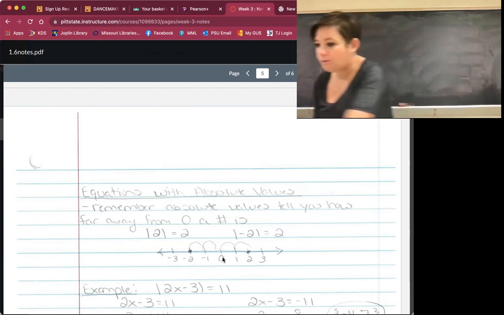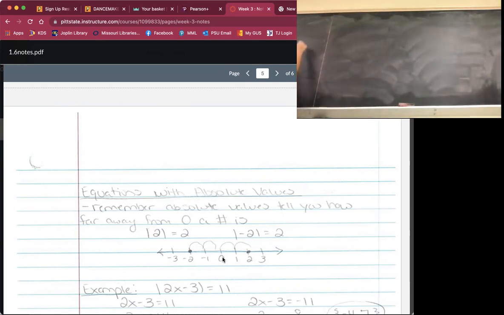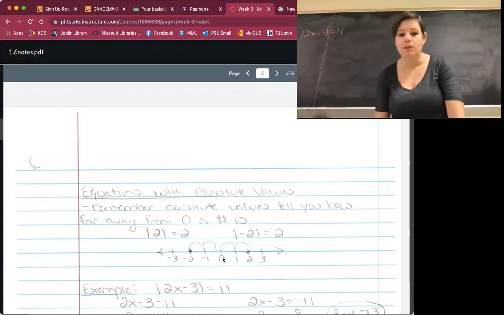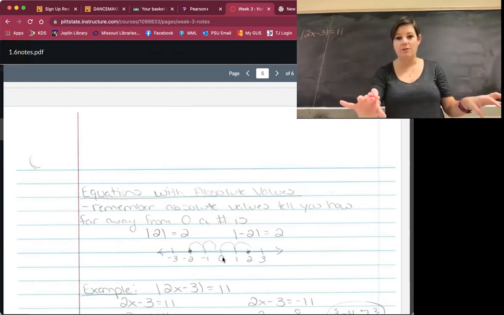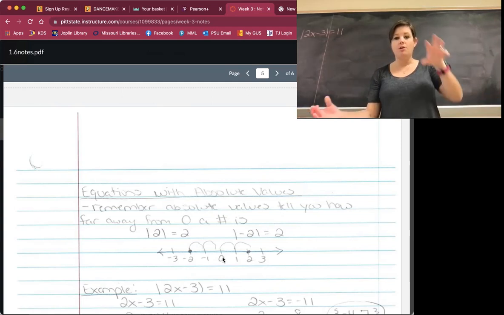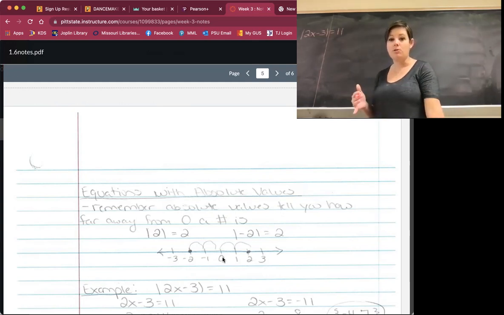Okay, so how do we solve absolute value equations? Well, let's look at an example. The absolute value of 2x minus 3 equals 11. Like I just showed you, the absolute value of 2 was 2, and the absolute value of -2 was also 2. So what was inside of our absolute value could have been positive or negative to get us that solution.